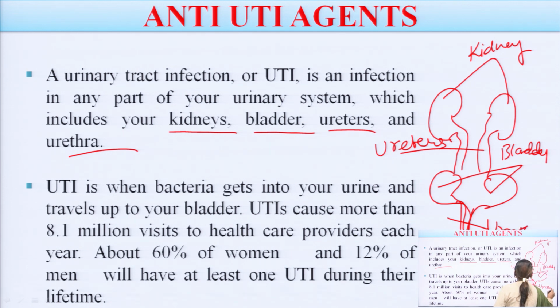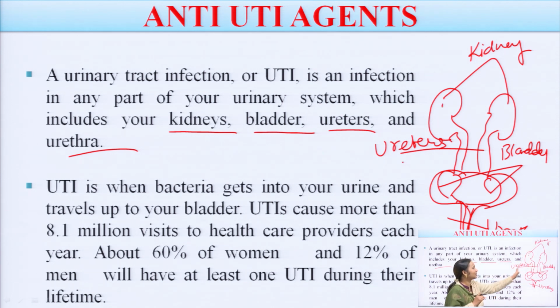Okay. So, if we talk about UTI, urinary tract infection, 4 parts of the human body are involved: 2 kidneys, 2 ureters, each related with one kidney, then the urinary bladder, and this is your urethra.